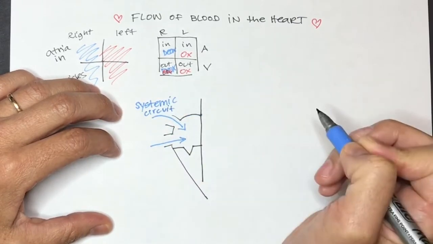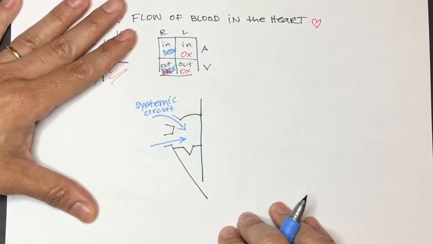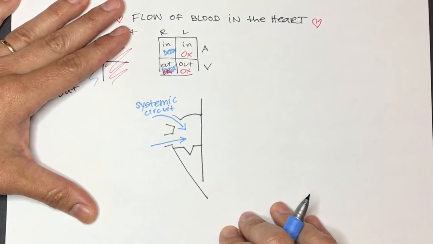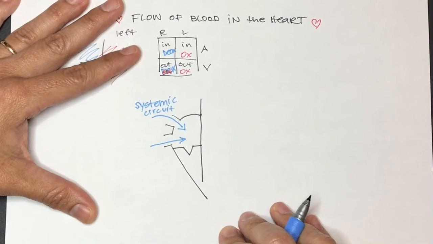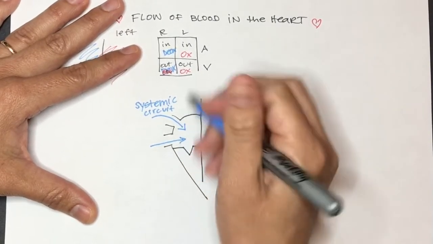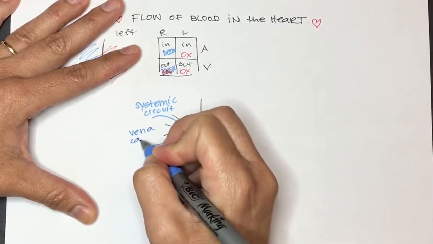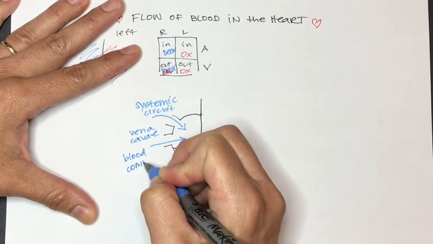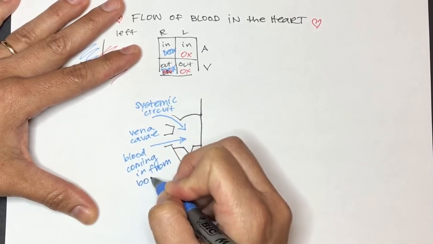So this is our first step in the systemic circuit, stuff coming in from the body. The systemic circuit is also going to contain stuff going out to the body, and that's going to be our very last step in this whole process. So we're going to have stuff coming in through the Vena Cava. These 2 here are going to be our Vena Cava. That's blood coming in from the body.